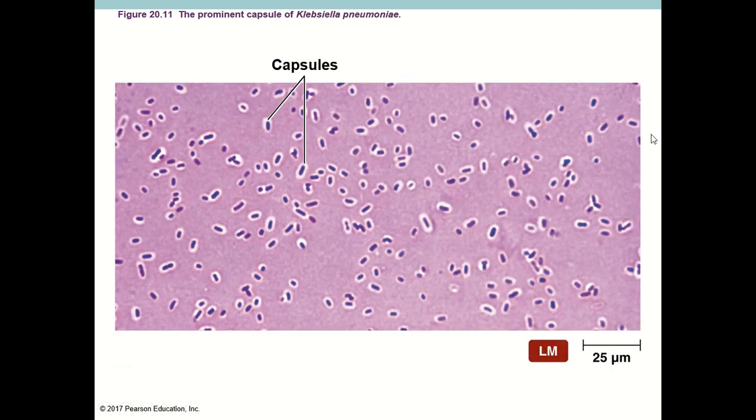So on to the coliform opportunistic bacteria. We're going to divide these into three main groups: the coliforms, the non-coliforms, and the true pathogens within the Enterobacteriaceae family. We're looking at Klebsiella pneumoniae, which is one of the coliforms.